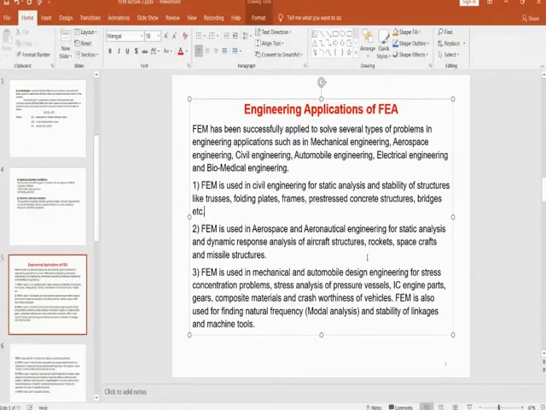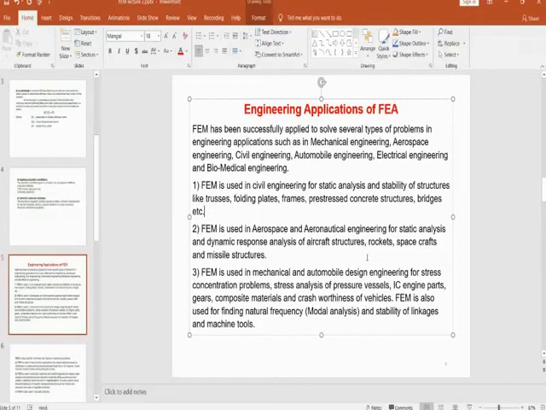Composite materials means what? You know, GFRP, carbon fiber reinforced plastics, or glass fiber reinforced plastics, or nylon fiber reinforced plastics, which are used in bus bodybuilding and in car bodybuilding, in racing car bodybuilding. But for general purpose car bodybuilding, the sheet used is steel.